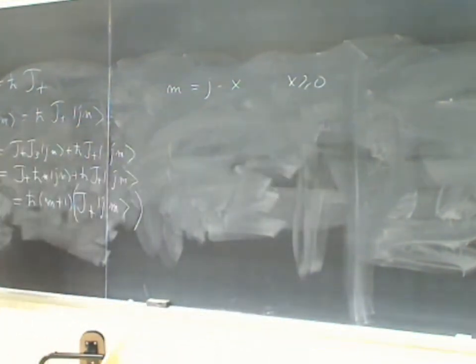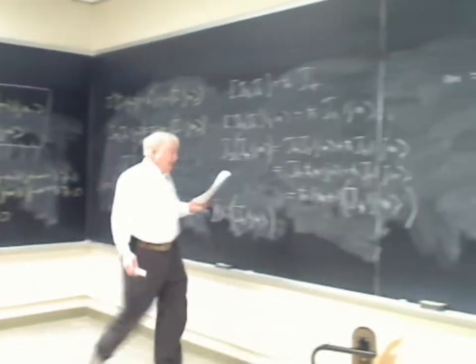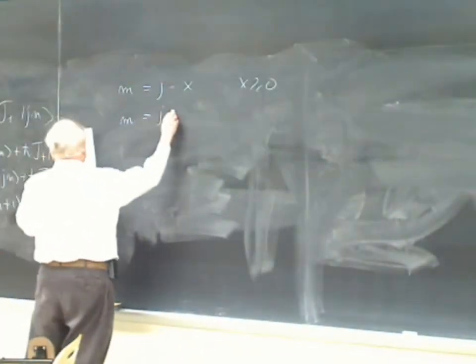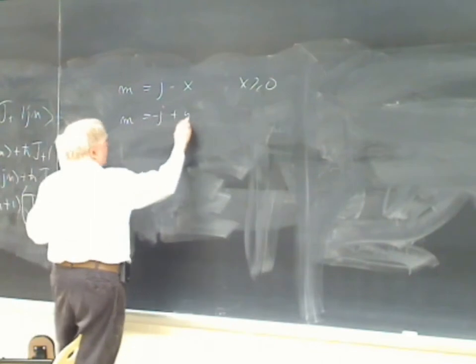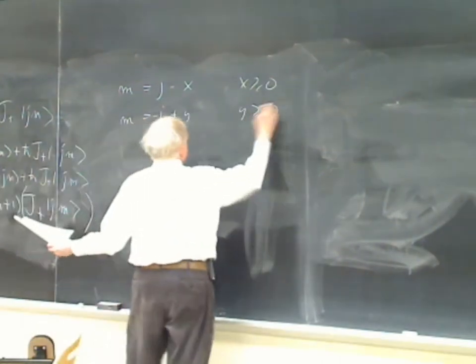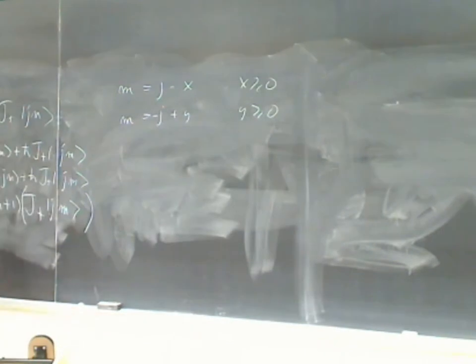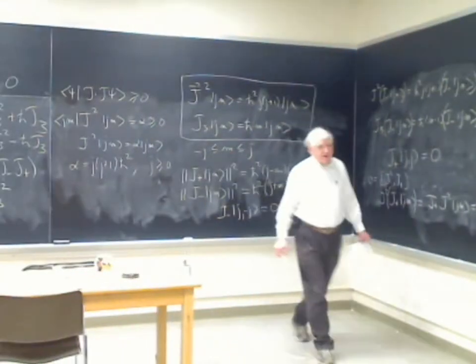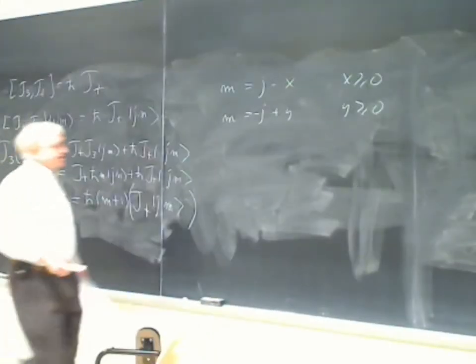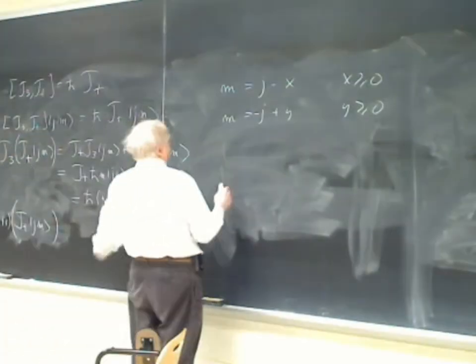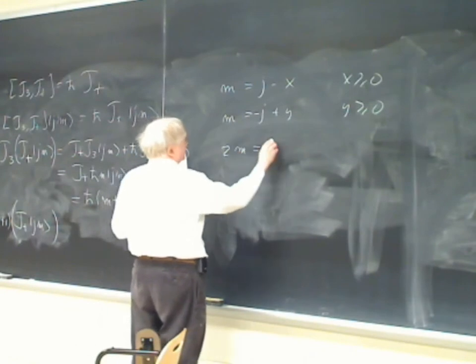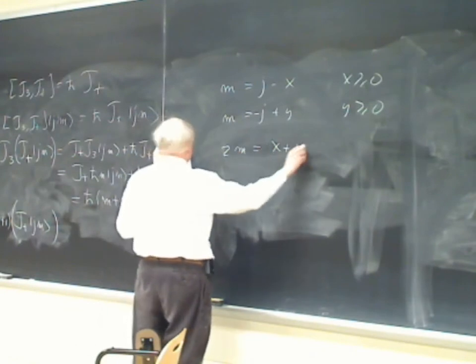That will satisfy this relation, and we can say m is equal to minus j plus y, where y is greater than or equal to 0. And that gives us this relation. Of course, we don't want to make x and y too big. But now if we add them together, we get that 2m is equal to x plus y.